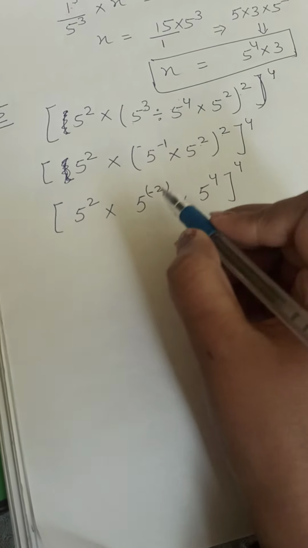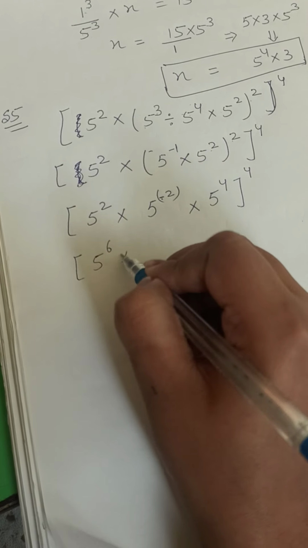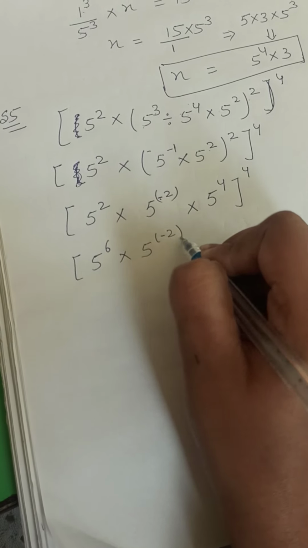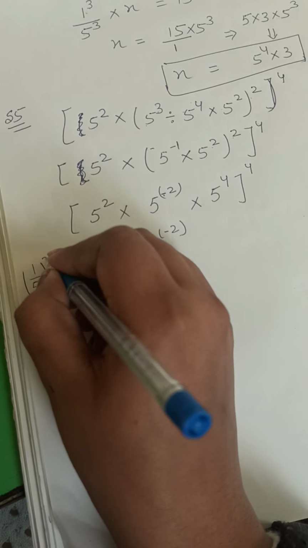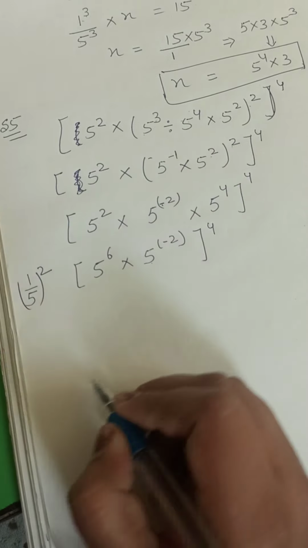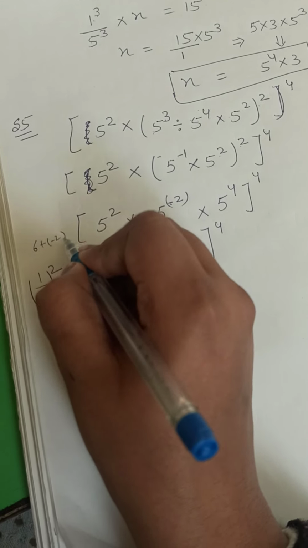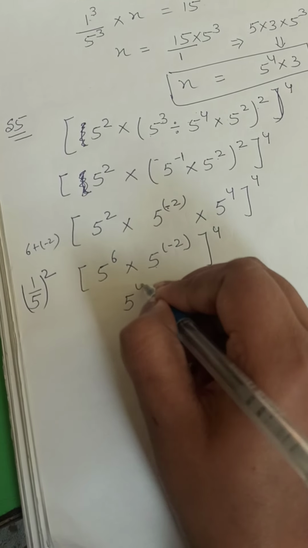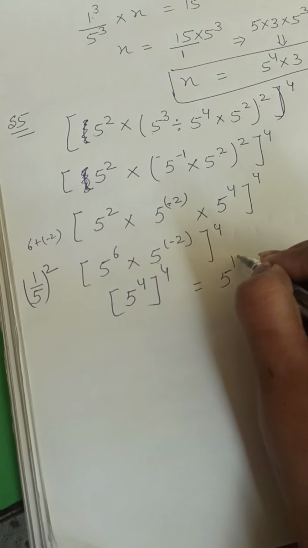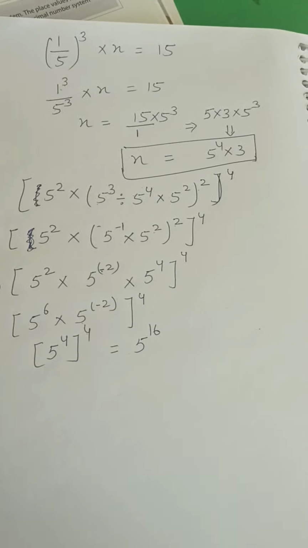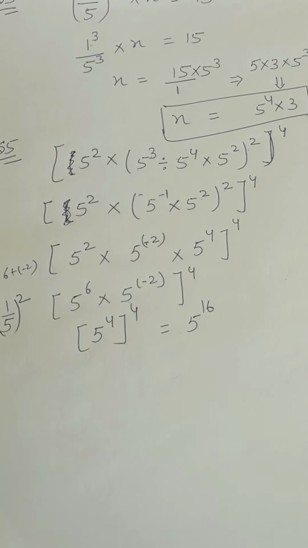Again here 4 कम, ये नेगेटिव में है, लीव दिस पावर, पावर्स को यहाँ ऐड करो आप. 5 to the power 6 multiply 5 to the power minus 2. इट मीन्स ये जो है आपका ये 1/5 की फॉर्म में है, 1/5 की पावर 2. अगेन 4. सो व्हेन वी विल ऐड इट 6 प्लस माइनस 2, तो ये क्या आएगा आपका 4. सो दिस इज 5 to the power 4 complete the power 4 and it is equals to 4 4s are 16, 5 to the power 16. Now clear? 5 to the power 16.